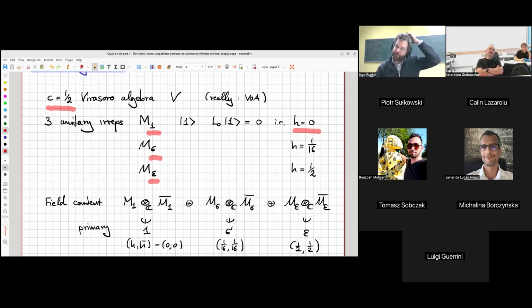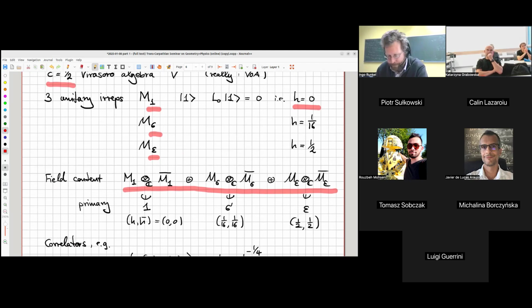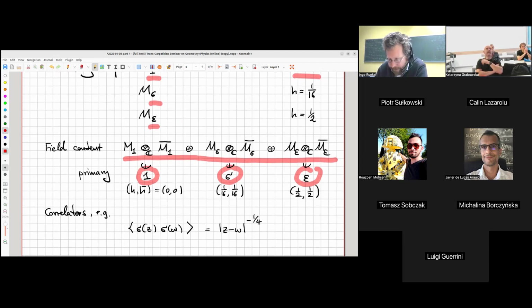Okay, the field content: in conformal field theory, you have 2 copies of the Virasoro algebra acting, so the space of states decomposes into a tensor product of left and right, holomorphic and anti-holomorphic, representations, and I'm claiming this particular sum is the field content of the Ising model. In each of these summands, I can take the primary field, and I find in this way the identity field, the spin field, and the energy field, and they have left-right conformal weights, as I've written here.